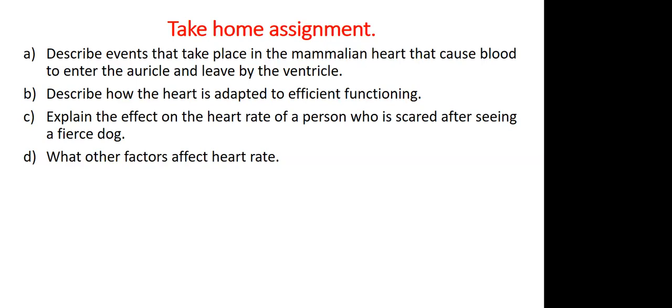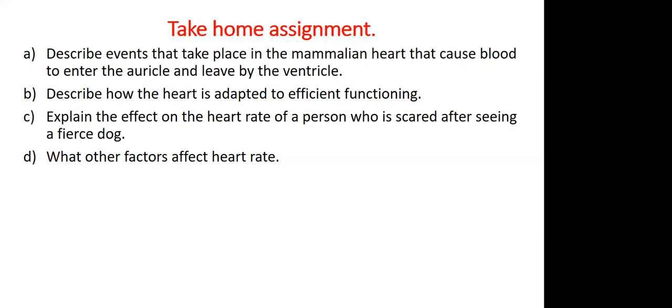So what causes blood to enter the atrium or the auricle, and what causes it to enter the ventricle, and what causes it to leave the ventricle? That's where I want our answer to stop. Anything outside the heart, let's not talk about it, okay? Whether lungs or rest of the body parts, let's ignore that. Let's concentrate on what is happening in the heart.